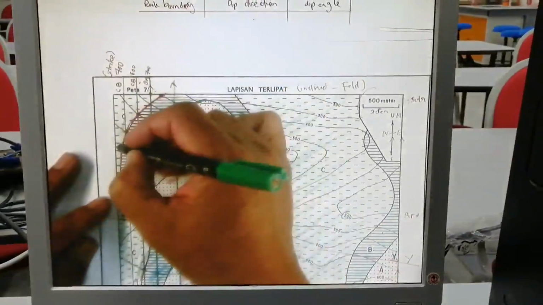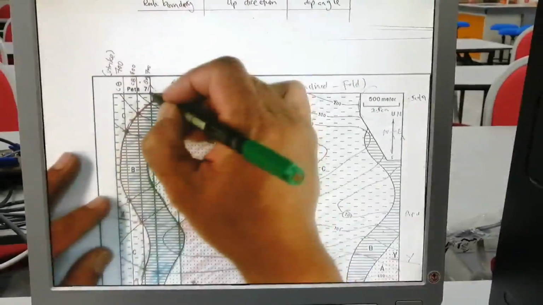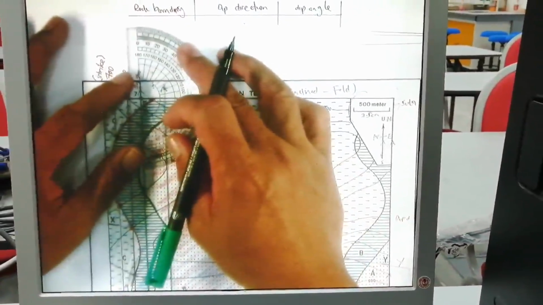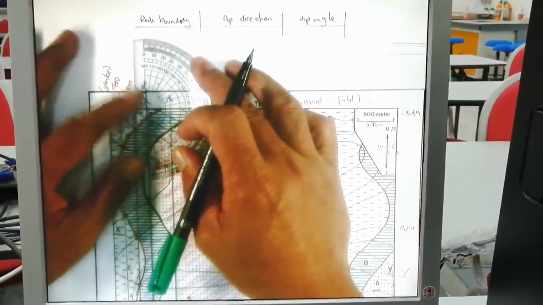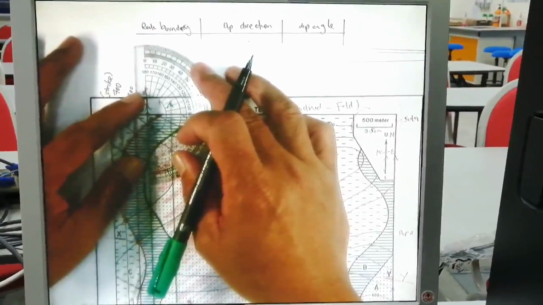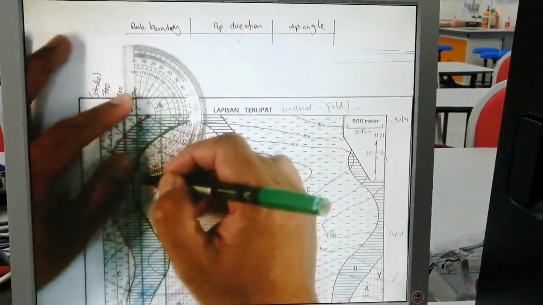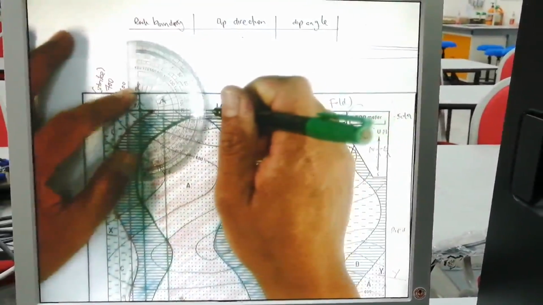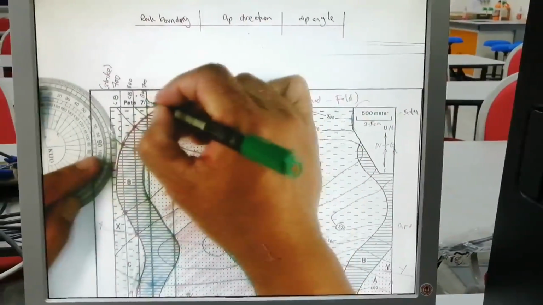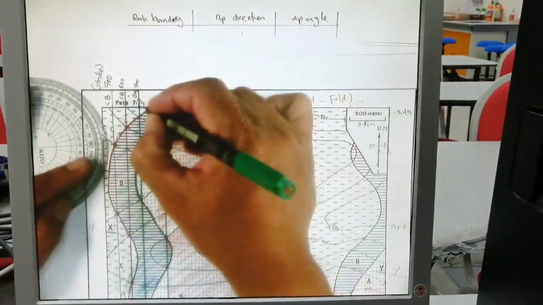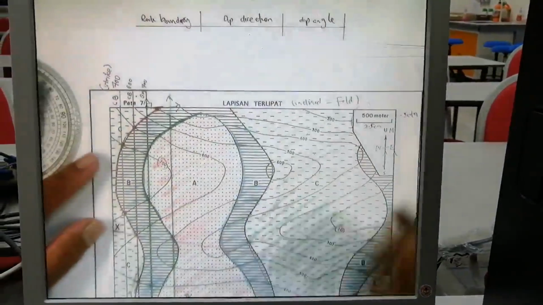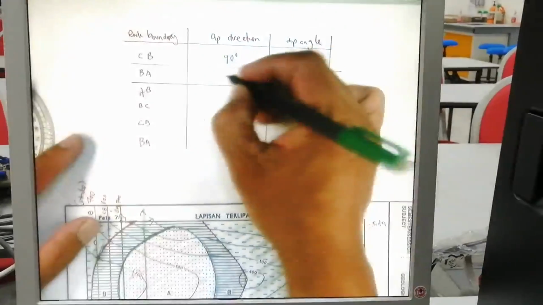This one is west. If here is north-south, it's easy to put here. So make your protractor with this straight line on 180 to 0 degrees, and then your 90 degrees here. So the dip direction is equal to this line as well, 90 degrees.